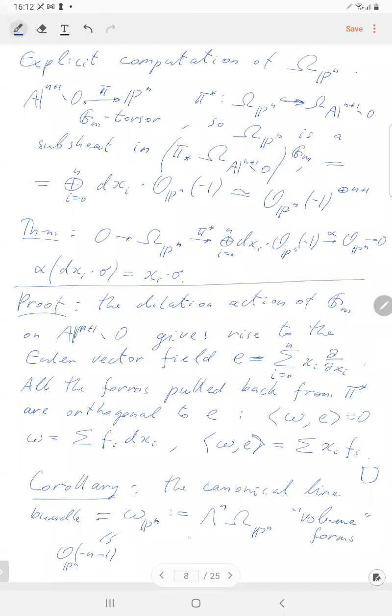In particular, say omega P1 is already one-dimensional, so it's the same as the canonical line bundle, and it's O of -2 on P1. So there are no global sections at all, so there are no global Kähler differentials on P1.